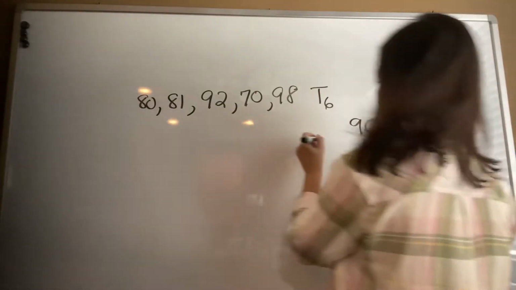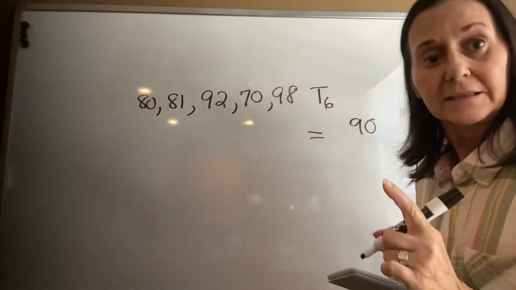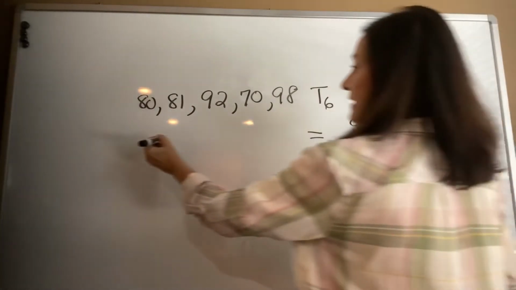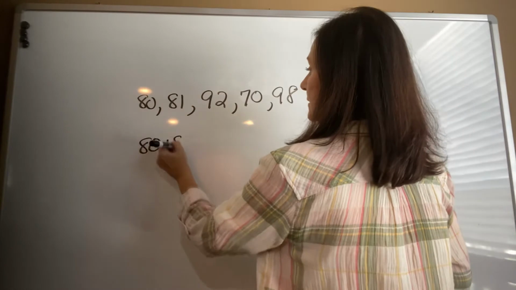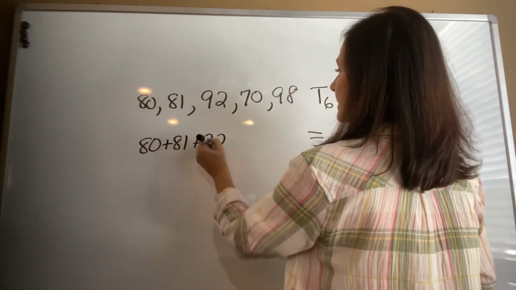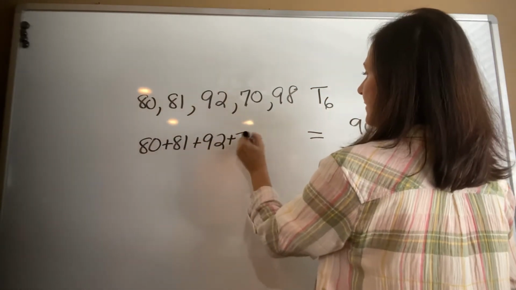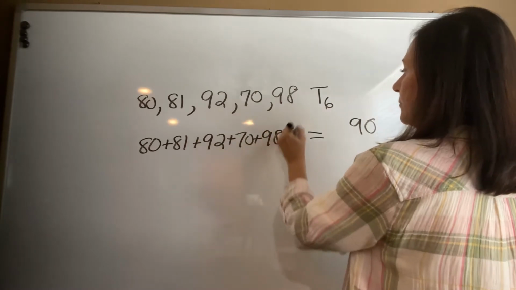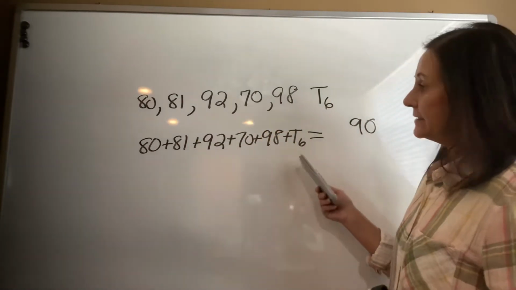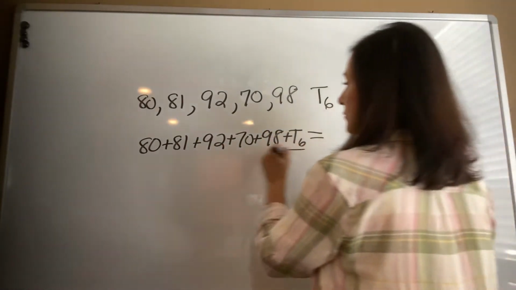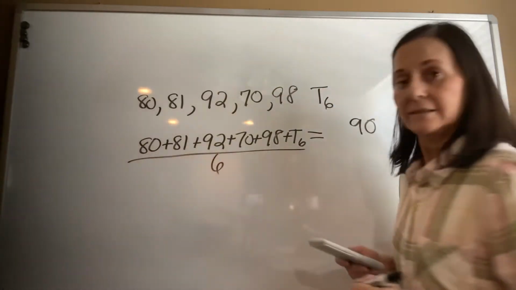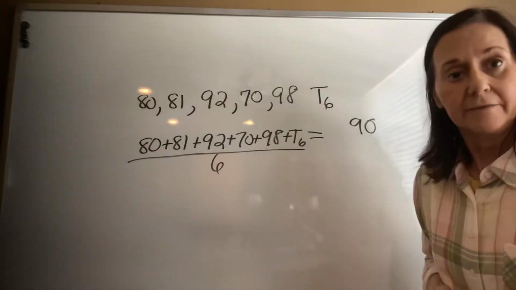So, to get a 90 in the class, at the very least, he has to make an 80 plus an 81 plus 92 plus 70 plus 98 plus whatever he makes on that 6th test. When you take the average of it, you want it to be 90.